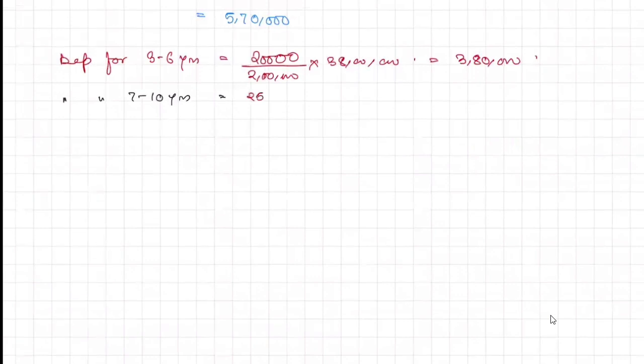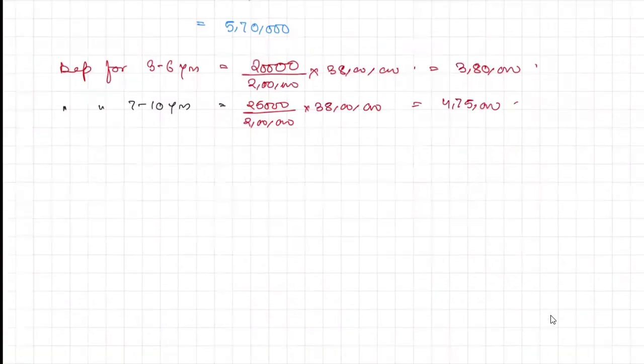Correct. 25,000 divided by 2 lakh into 38 lakh. So it's coming to be 4,75,000.